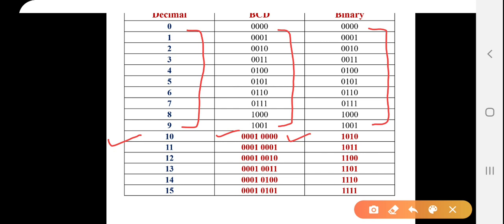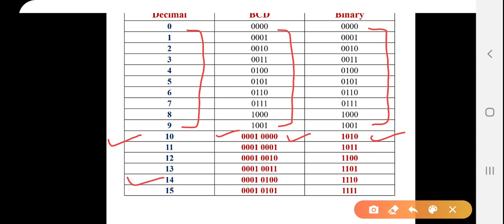Again remember, the BCD number is equivalent to a specific decimal digit, and each decimal digit will be replaced by 4 binary bits if we are talking about BCD. But if we are talking about the binary number, you just need to divide the given 10 by 2, so you will get 1010 as a binary number.